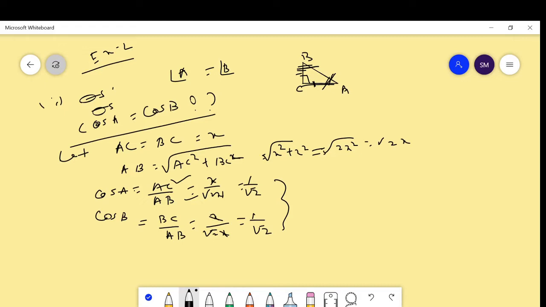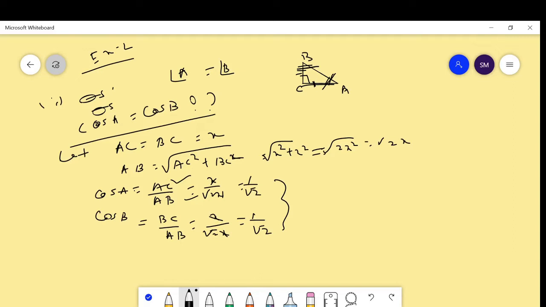Then by using Pythagoras, if AC is equal to BC is equal to x, then AB is equal to the square root of AC square plus BC square, which is root of x square plus x square, which is root of 2x square, means root 2 x. Then for cos A, base AC upon AB, here x upon root 2 x, x cancels, this is 1 upon root 2.